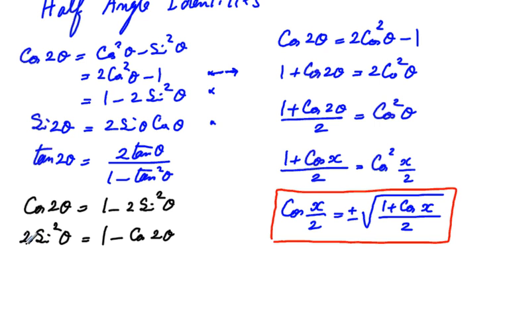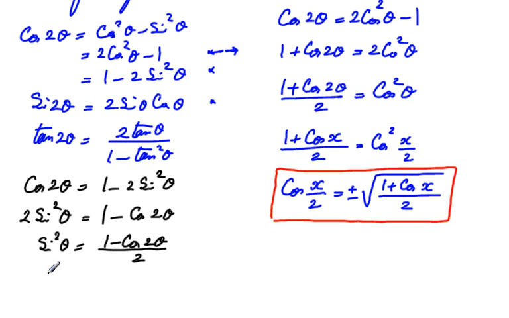Next, I get rid of the 2. Next, I get rid of the square. Again, when you take the square root, you have plus or minus.